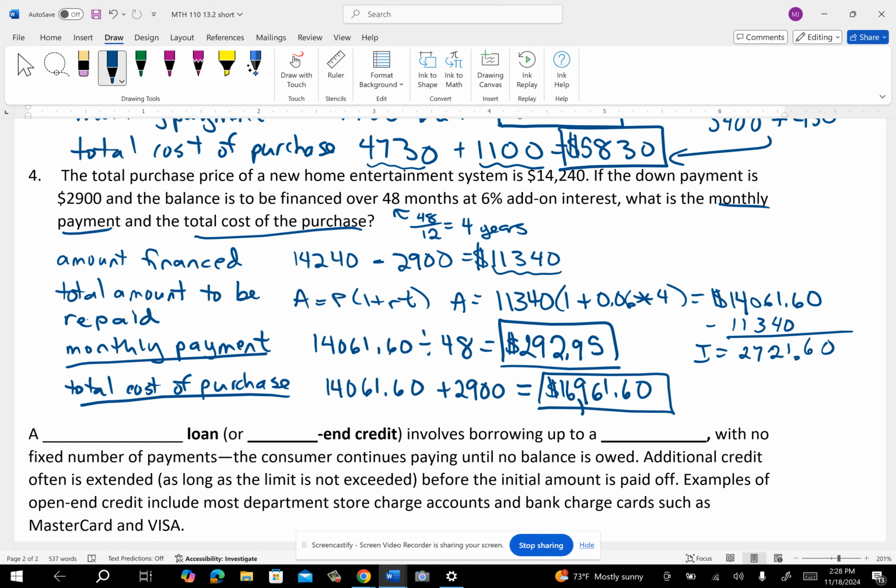So what I could have done as an alternative to the way I first did it is I could have taken the original cost of the entertainment system and added $2,721.60 to it. If I did that, I'd also wind up with $16,961.60. Okay.